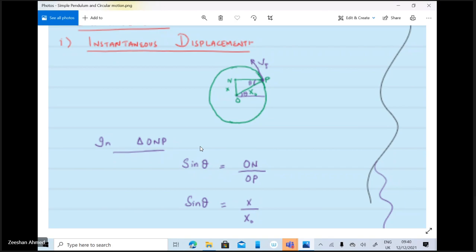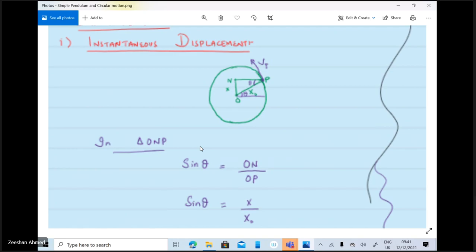I told you this was the angle, and here I made it as O1. So if I am taking this triangle O1P, theta is here. Then what is the perpendicular? Perpendicular is this side. Got it?